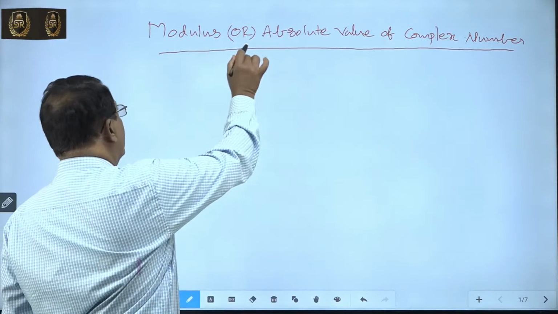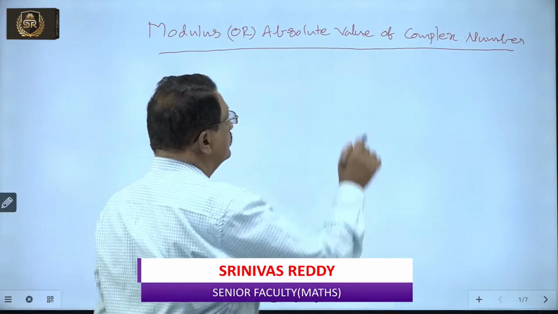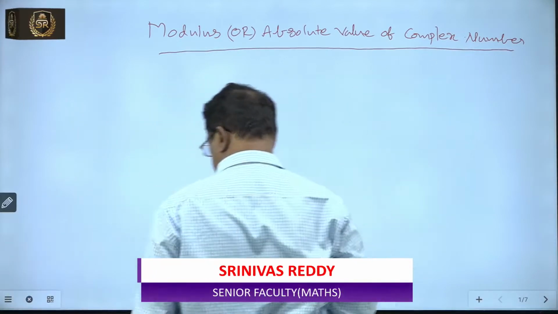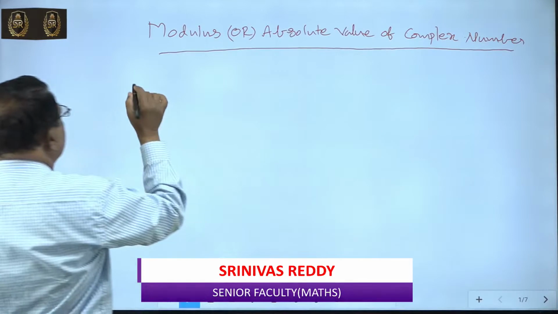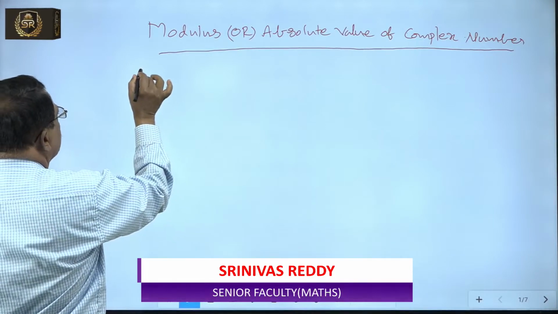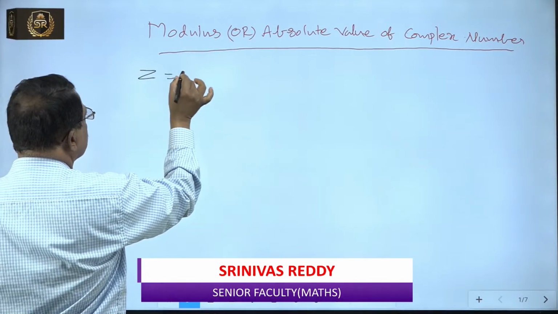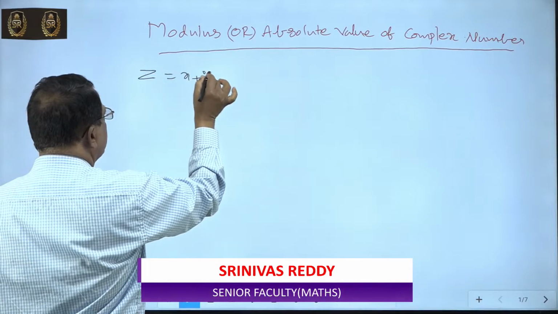Today, modulus or absolute value of a complex number. Suppose the complex number z equals x plus iy.